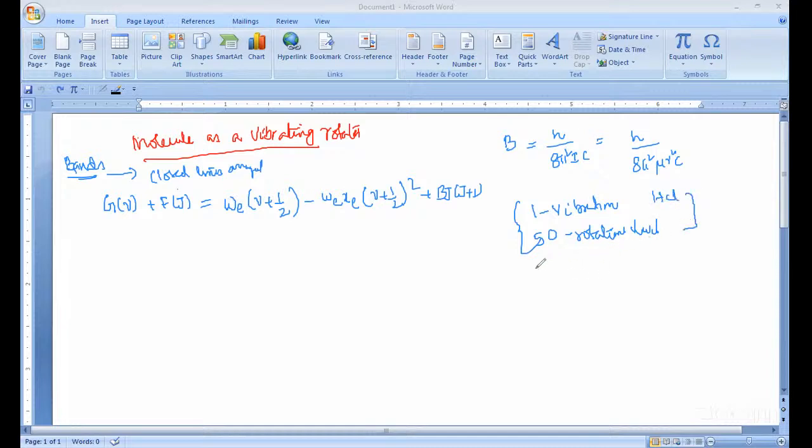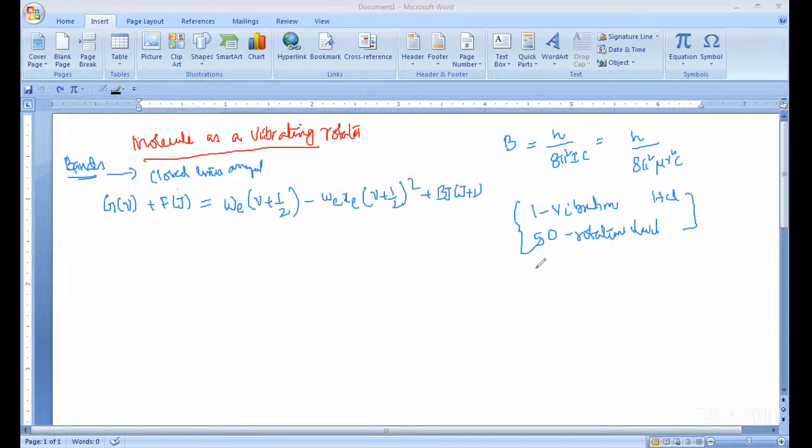Whenever we study the vibrational energy levels, you will have the rotational ones also. So if you take the example of HCl, we will have 50 rotational levels for a single vibrational level. That means we have to take both vibrational and rotational into consideration.